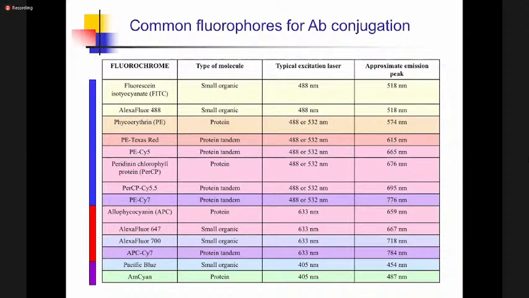So depending on what you are interested in detecting, the type of molecule, the type of excitation laser you are using in the flow cytometer, and the approximate emission peak you are interested in, you can use different of these fluorophore dyes in conjugating your antibody.